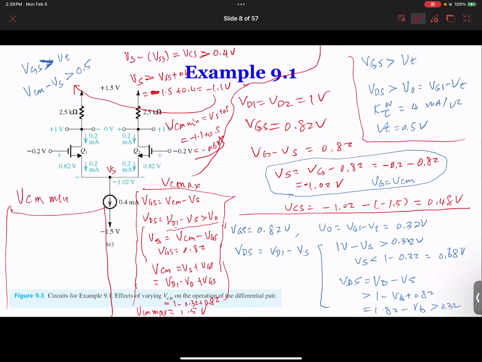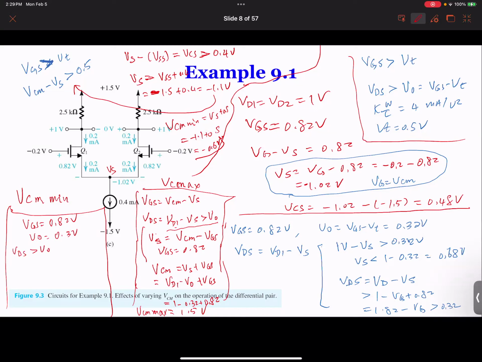So for VCM, we know that for that kind of current, VGS is already calculated to be 0.82 volts, and VO is going to be 0.32 volts. So VDS has to be larger than VO.